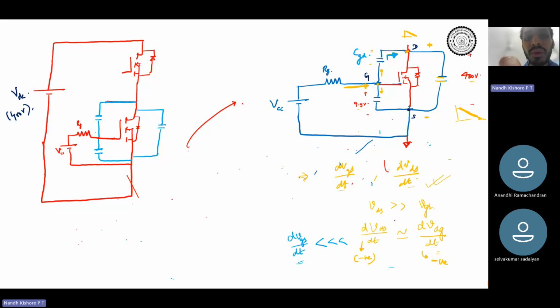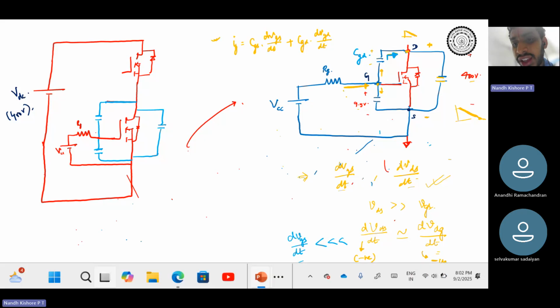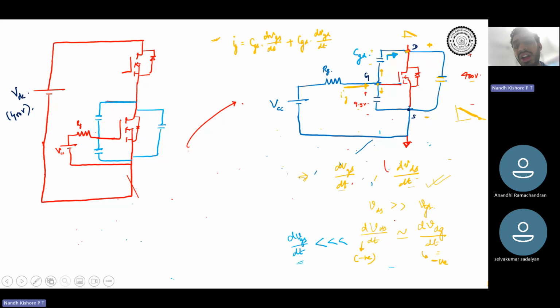Now the point is, how will the gate current split? IG would be split into CGS dVGS by dt plus CGD dVGD by dt. Is this agreed? Gate current IG is going to get split into some current through CGS and some current through CGD.